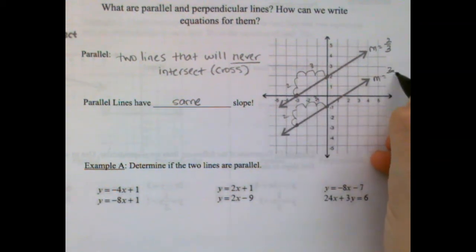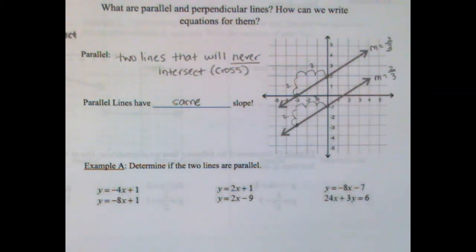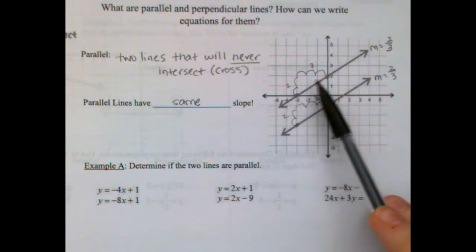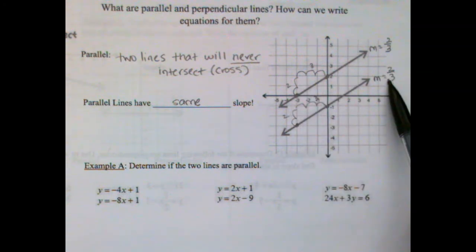Then I can say they're parallel. We want to be really careful in math of not just looking at a picture and saying, oh, they look like they're never going to cross, so they're probably parallel. We want to make sure that we have the math to back that up. So that's why we have to calculate the slope of each and say, oh, okay, yes, they're identical. That means they're parallel.